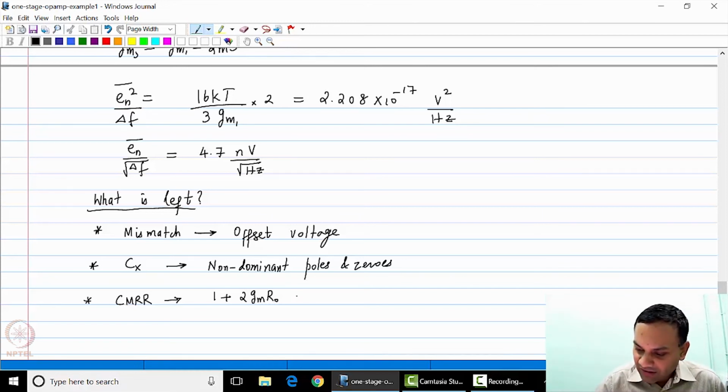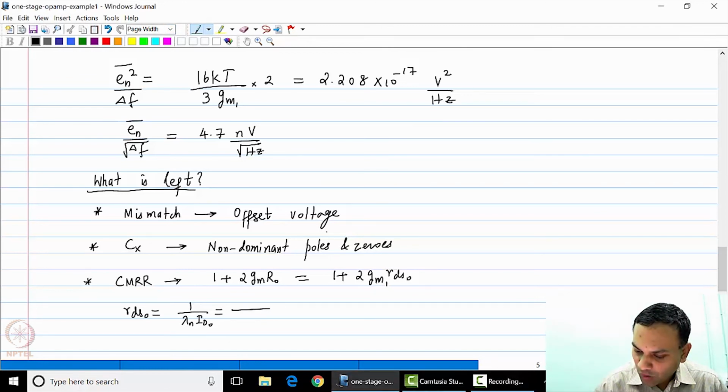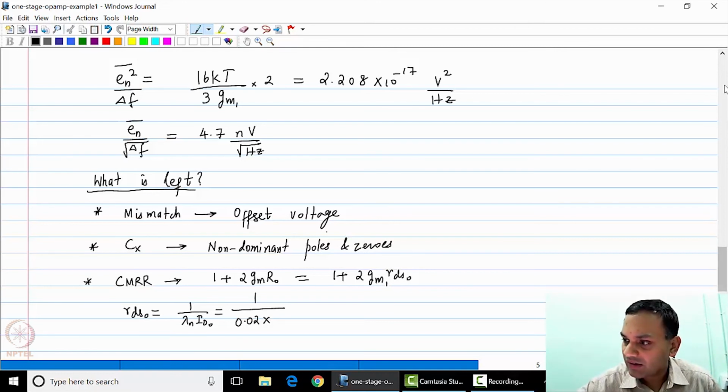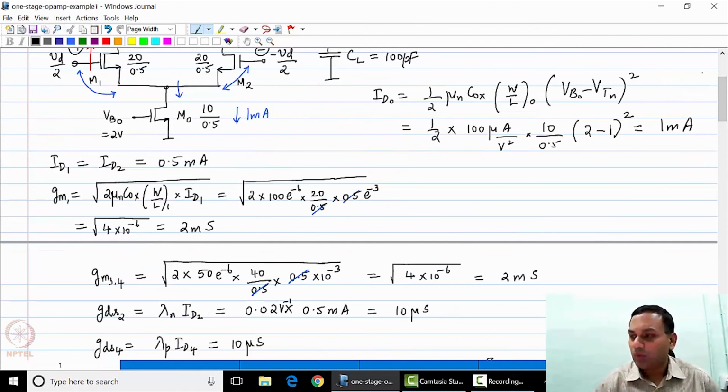So that is 1 plus 2GM into RDS 0, and RDS 0 is 1 over lambda n ID 0, which is simply 1 over 0.02 times ID 0, which, as we can see from the original op-amp, is 1 milliamp.